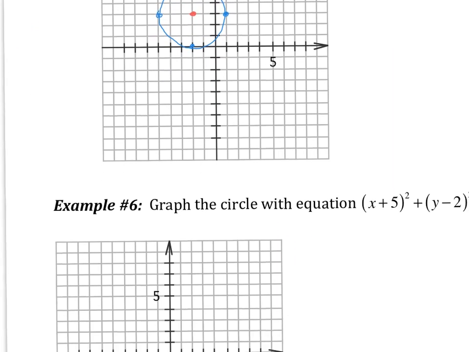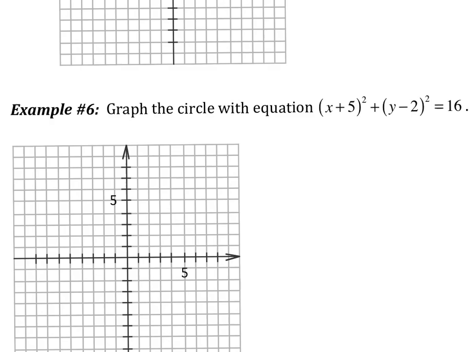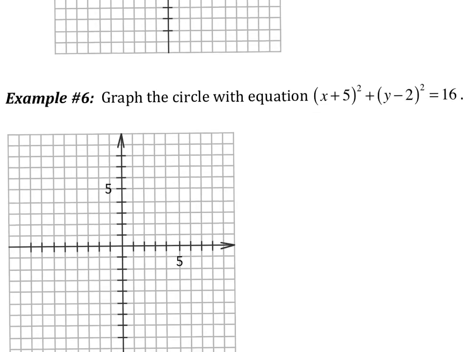So if I do the same with example 6, well, they give me, it looks like a center at negative 5, 2, and a radius of 4. So I'm going to go to negative 5, 2, 1, 2, 3, 4, 5, and up 2.